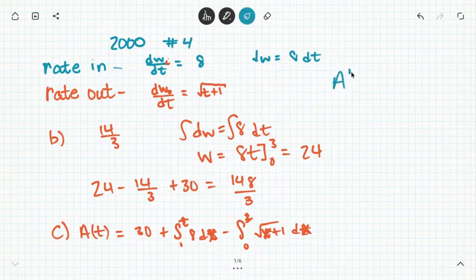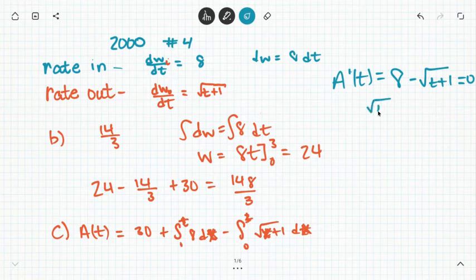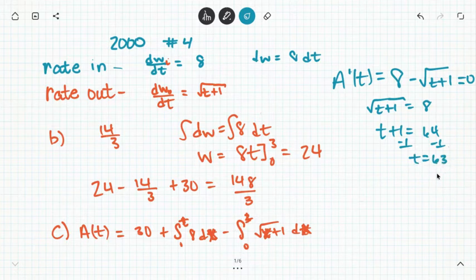We'll call it the derivative of the amount, which would be the rate going in minus the rate going out. And we set that equal to 0 to find our critical value. So we have the square root of t plus 1 is equal to 8. Square both sides, so we get t plus 1 is equal to 64. We subtract 1, and we get t is equal to 63.